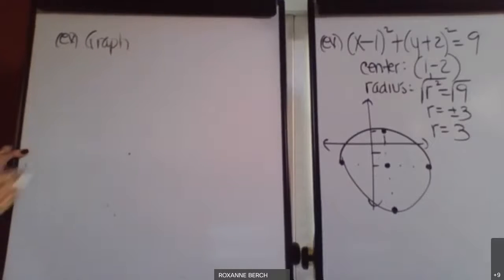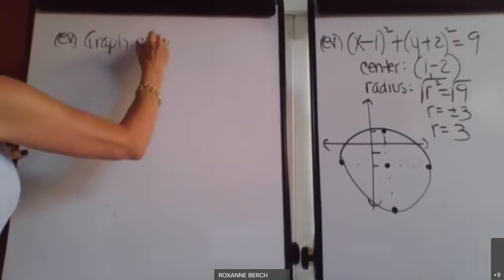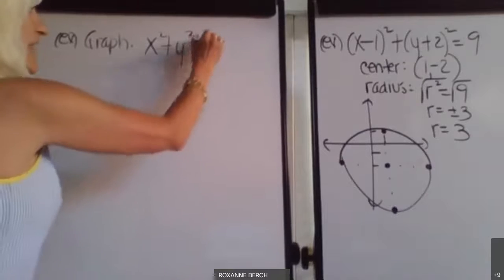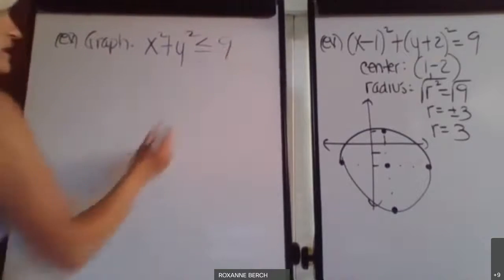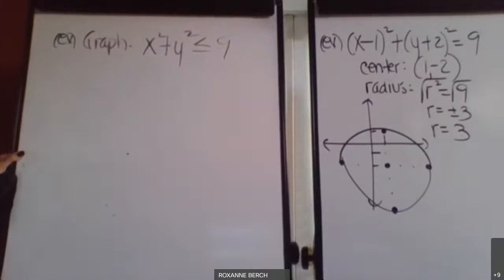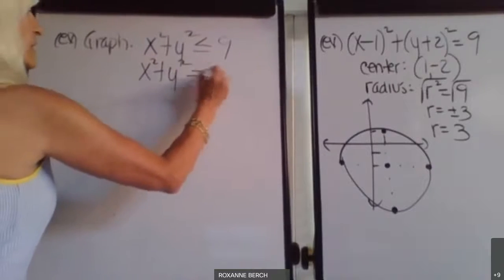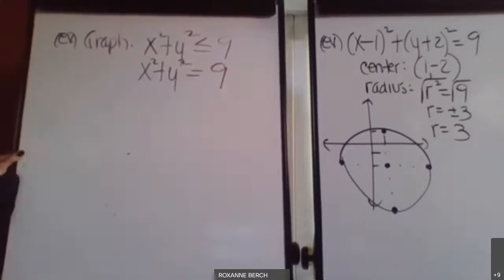They want us to graph x squared plus y squared is less than or equal to 9. So what we're gonna do is graph the equation and worry about the inequality later.